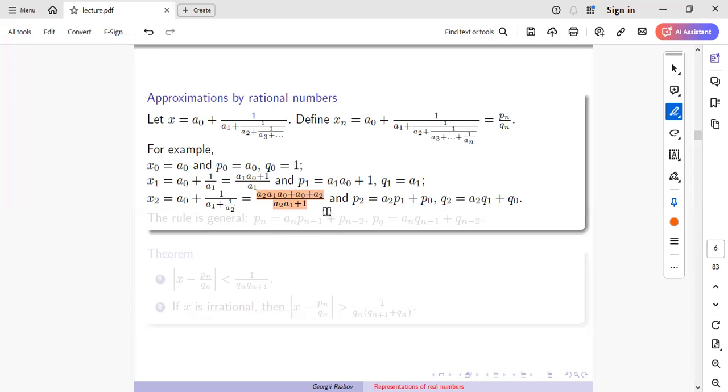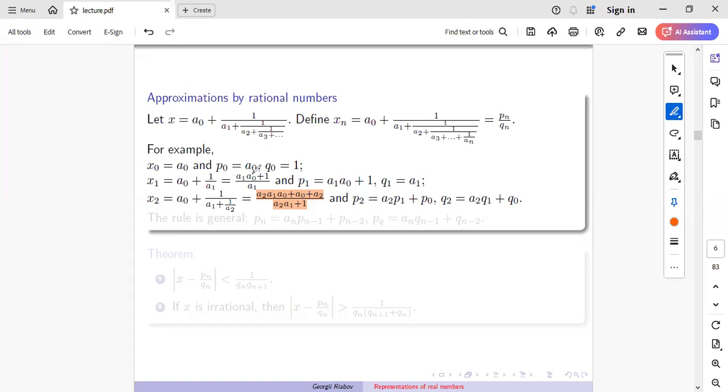But in fact, these expressions are not complicated because in the numerator, if we take a2 as a common multiple, then a2 is a common multiple near p1 because p1 is a1 a0 plus 1.